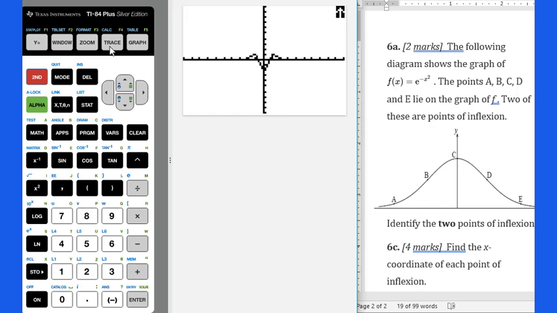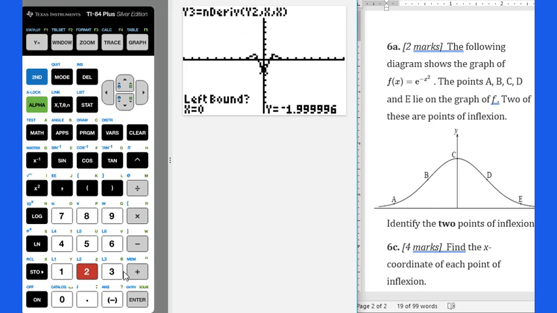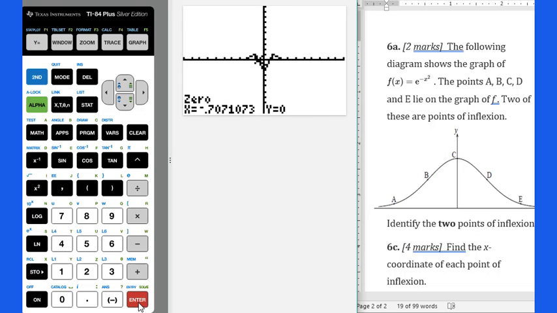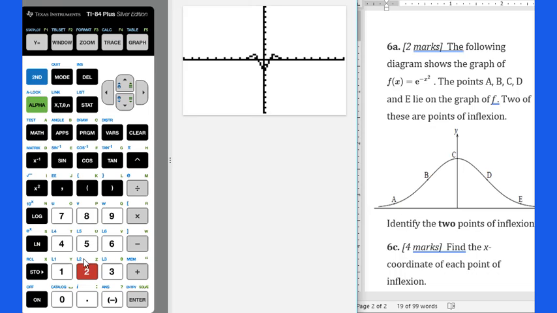We do second trace, 0. You will move this to the left, enter, right, enter, then enter. They give you the points. Then do second trace again, do the 2.